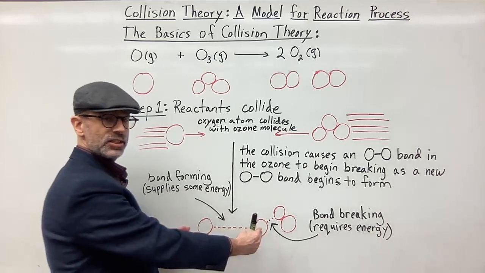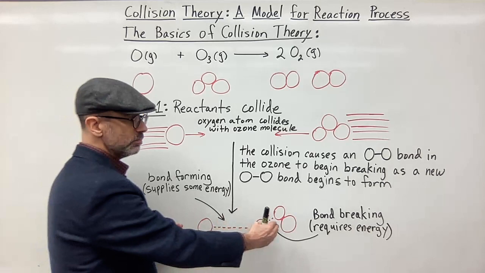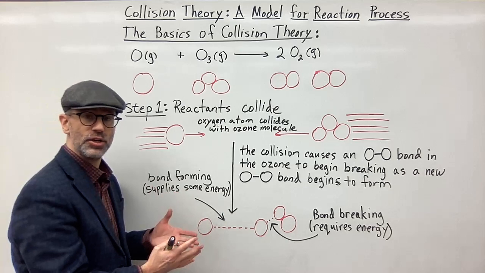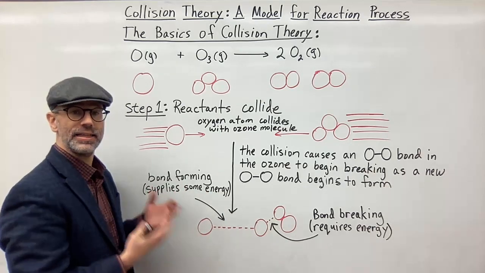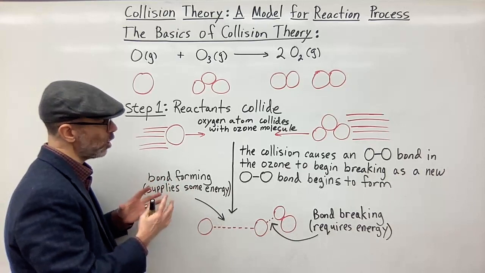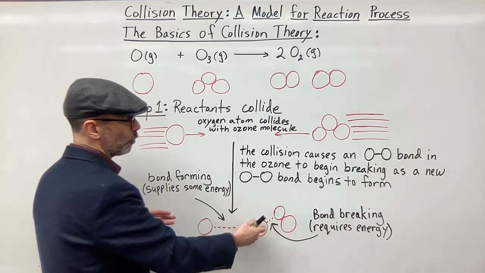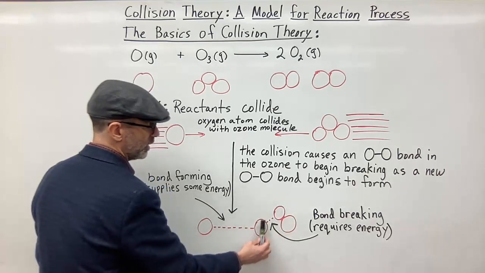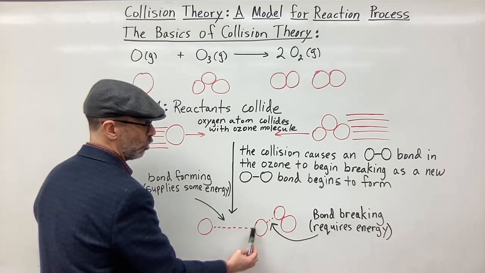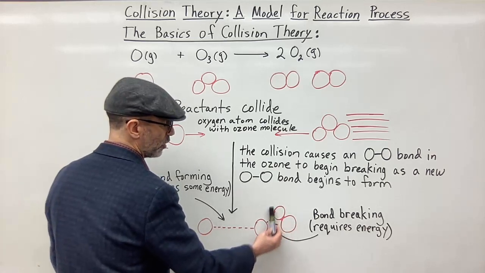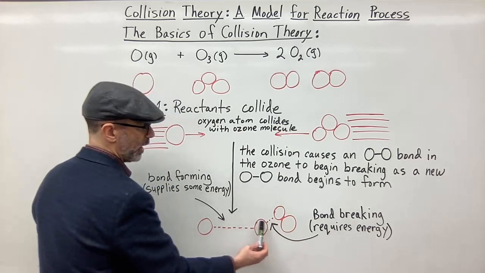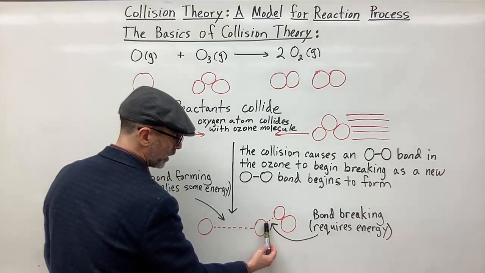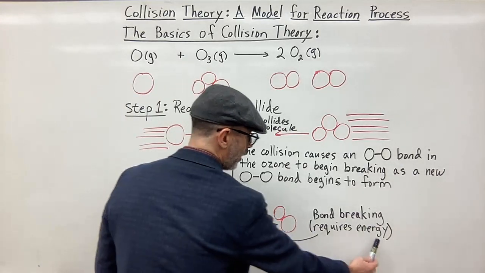Remember, as things come together, the potential energy decreases. So you're losing potential energy, so that energy is released. In this case, that energy is harnessed in part to allow for the breaking of this bond here. You have a breaking of the bond between one of the oxygen atoms in ozone and the other oxygen atom. So in this molecule, you have this oxygen single bond being broken, and this requires energy.